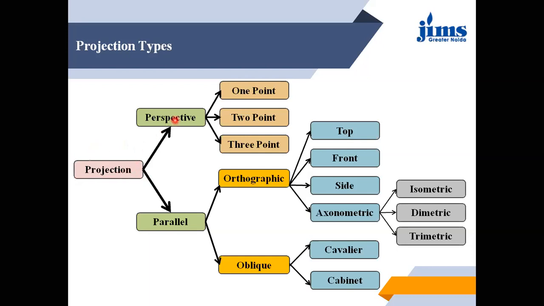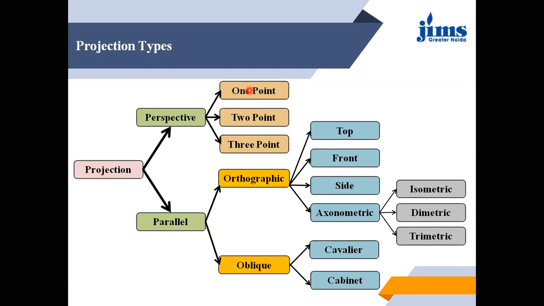This is of two types, perspective and parallel. In parallel, all the lines are parallel to the object, whereas in perspective projection, all the lines come from a finite distance from the object, meaning lines are not parallel.